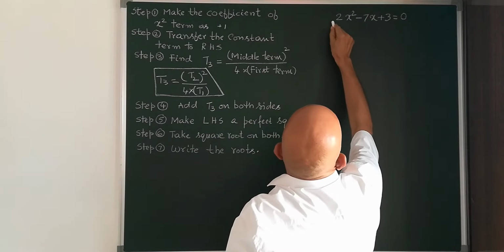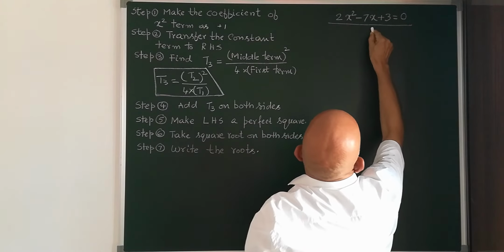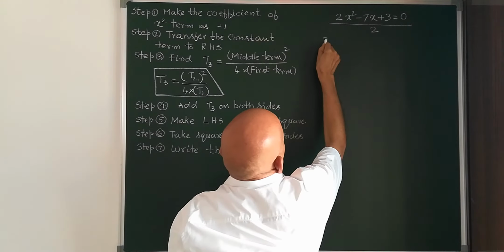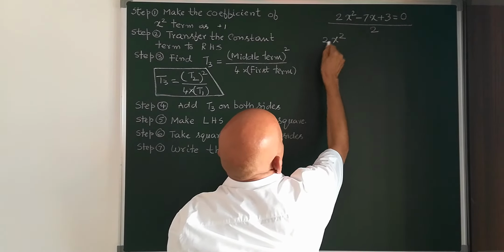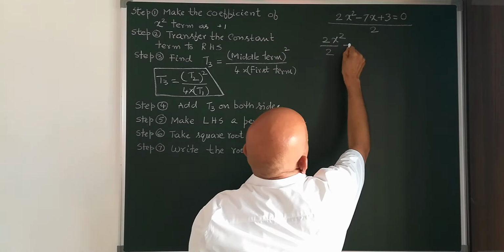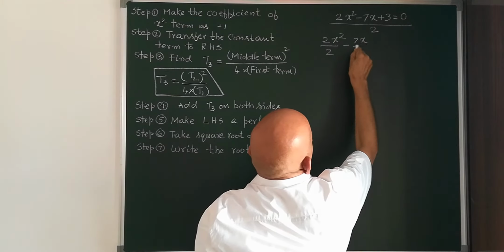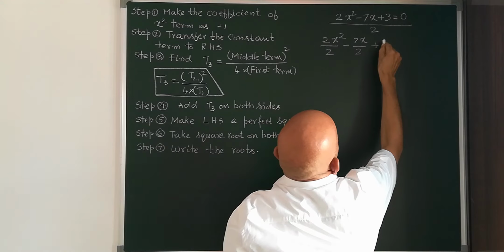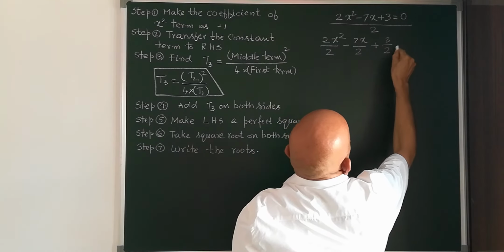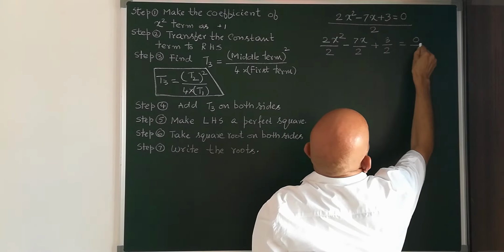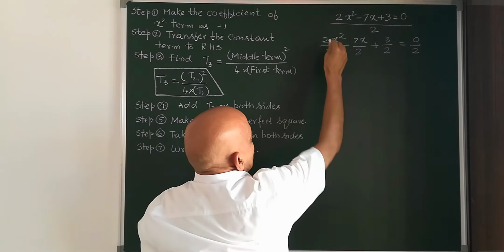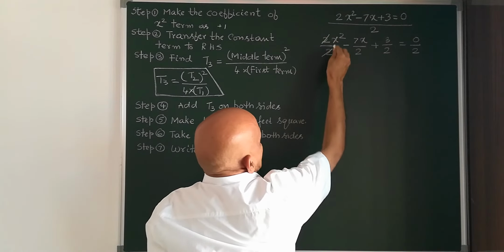So we will divide the whole equation by 2. So this becomes 2x square by 2 minus 7x by 2 plus 3 by 2 is equal to 0 by 2. Now here 2 and 2 gets cancelled.